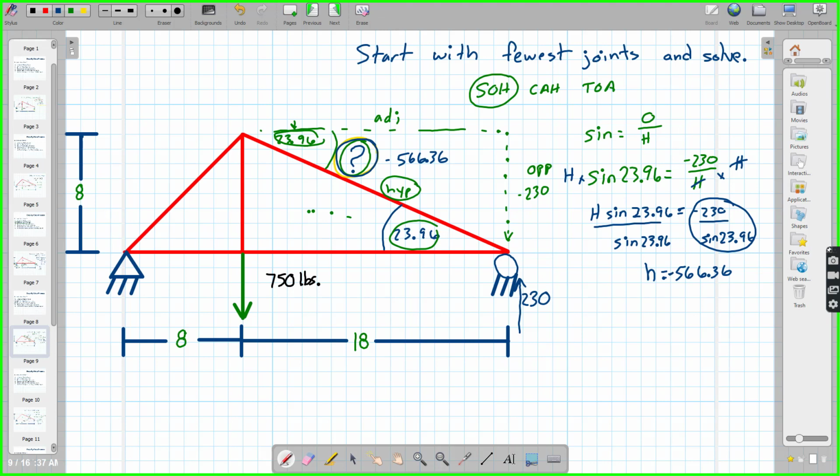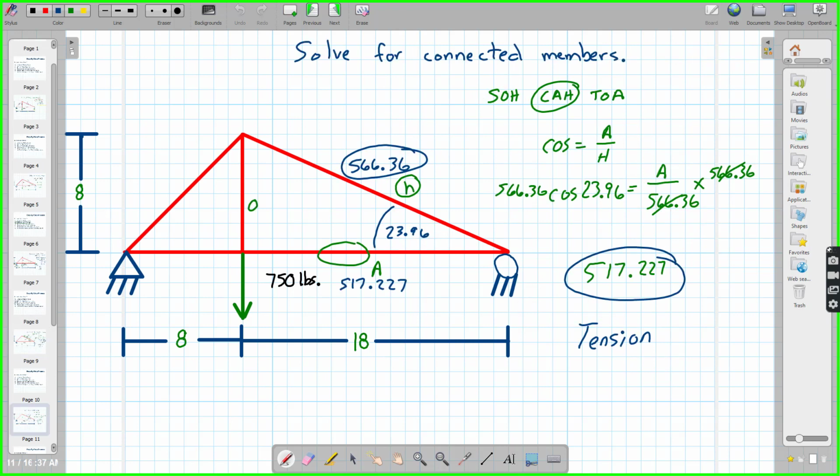So it's negative 566. Anytime it's a negative answer, that tells us that the member is in compression. In other words, it's being squeezed. We know here that this is negative, so we'll go ahead and label these. So we'll say this member is in compression, this member is in tension.